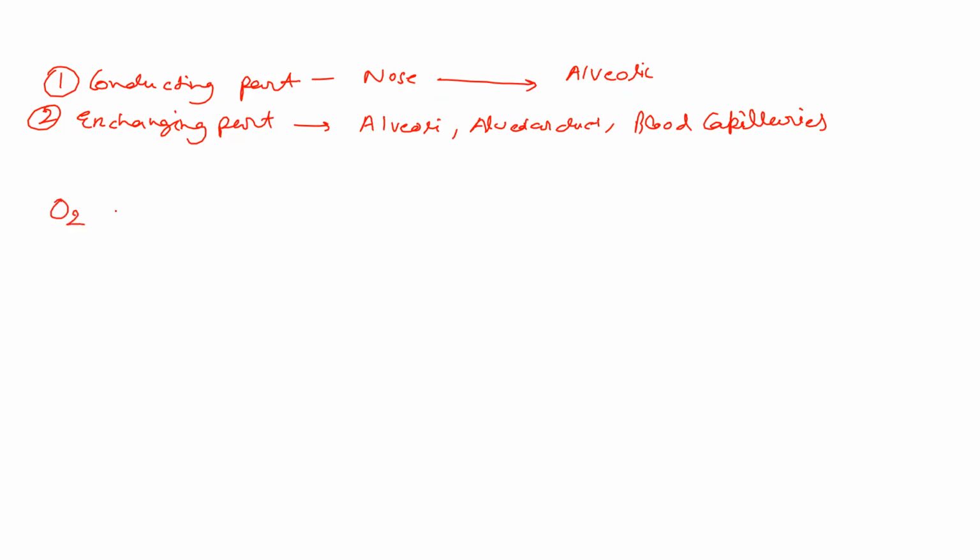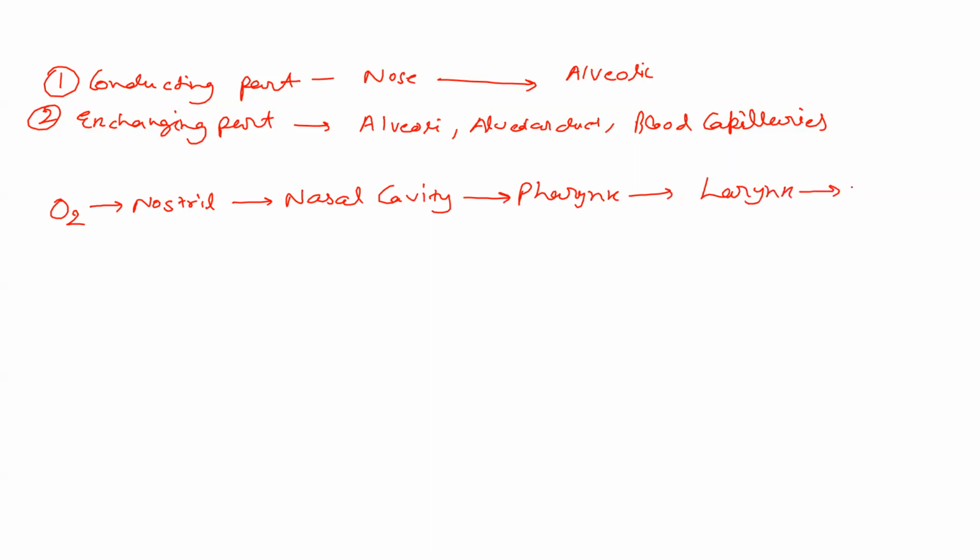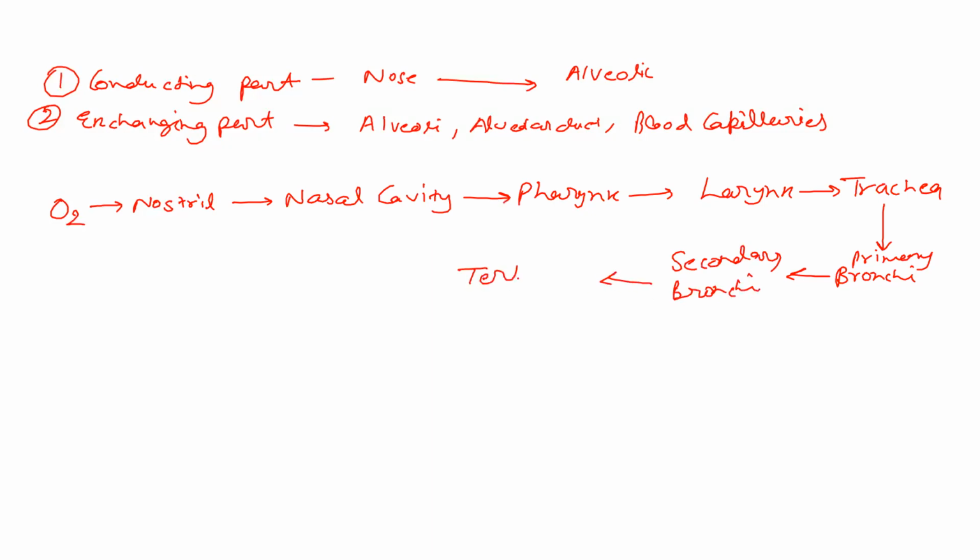So let's start the oxygen passage. Okay. So this is oxygen. First it enters the nostril, then the nasal cavity, then the pharynx, then the larynx, then the trachea, then after the trachea, the bronchi: primary bronchi, then secondary bronchi, then tertiary bronchi. Okay.